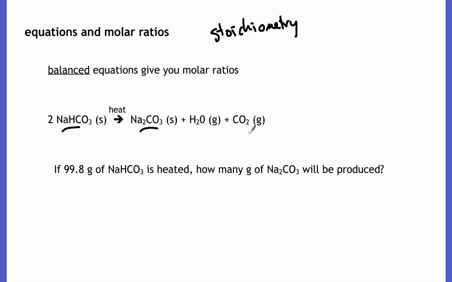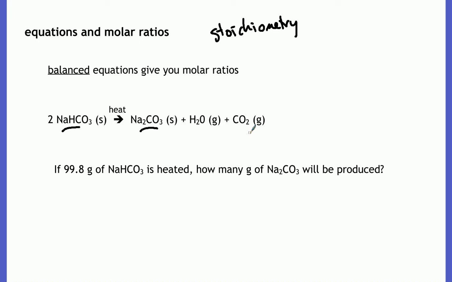But remember when I was talking about that aspirin reaction a long time ago when I was introducing that mole concept, I could talk about two molecules of something being related to one molecule of another, right? And then I took that a little bit further. I could talk about 6.022 times 10 to the 23rd molecules of one thing and then relate it to that exact same number of molecules of another.